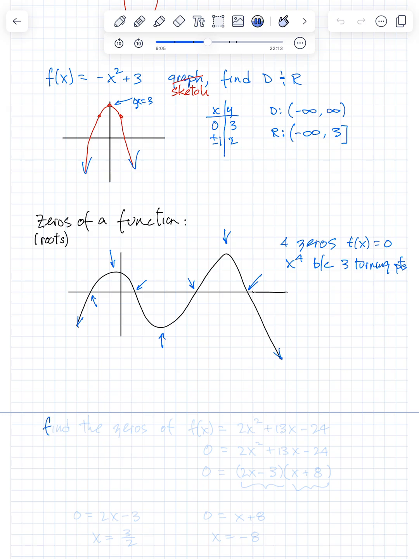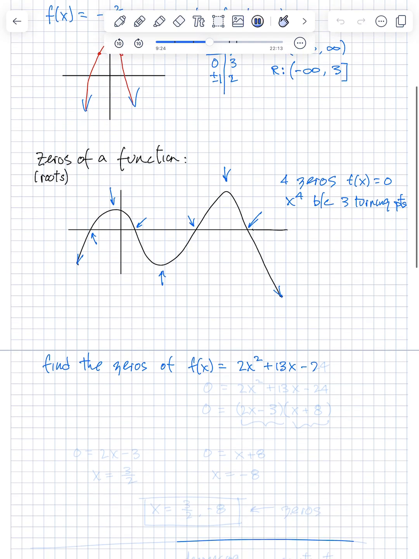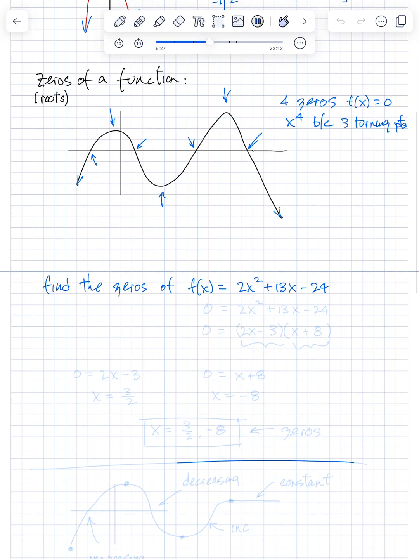We want to find the zeros of f of x equals 2x squared plus 13x minus 24. All right, so the first thing we do is we set f of x equal to 0. So we have 0 equals 2x squared plus 13x minus 24.